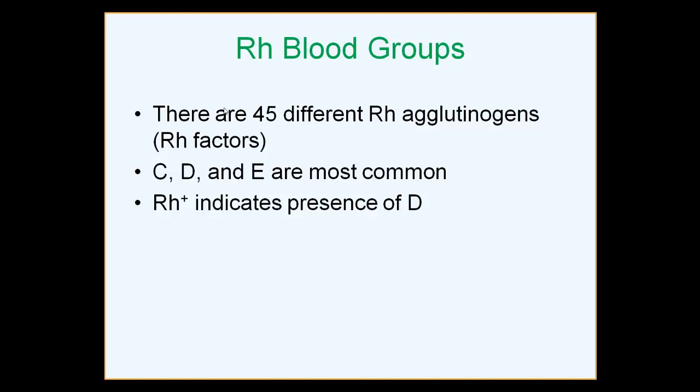Similarly, for pregnant women, if the women themselves are RH negative and their first baby is RH positive, then with the first baby, the mother during labor will start making antibodies against that RH positive red blood cells, and that's not going to harm the first child because he's already born.